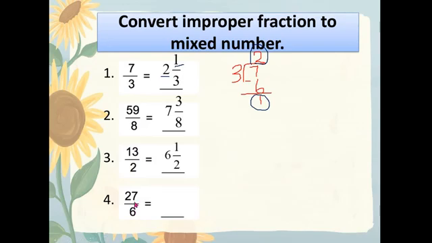And the improper fraction 27 over 6 change to mixed number, it is 4 and 3 over 6. Or you can write this also to the simple fraction, which is 4 and 1 over 2.